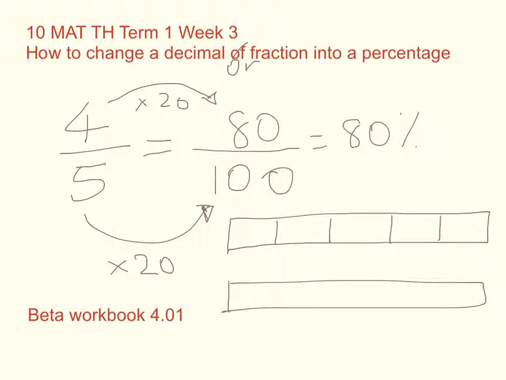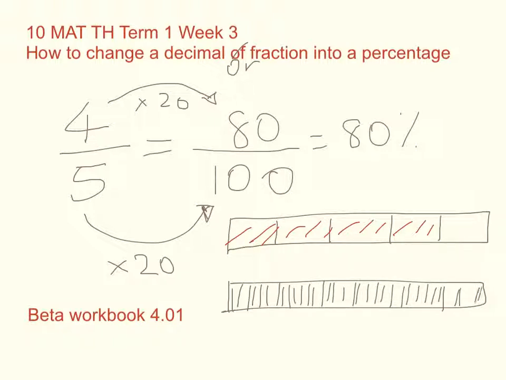So 4/5, I'm going to shade in now, there's 1, 2, 3, 4. Now, if down here we draw this divided up into 100 little pieces, well there aren't actually 100 in here, but just pretend there are 100 in there.